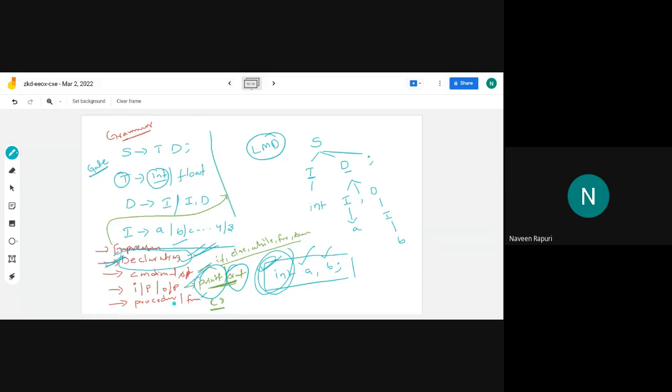Coming to the procedure, the name must end with open parenthesis and closed parenthesis, and there are none in the given grammar. So finally, that is the declaration statement because it is satisfying the declaration.